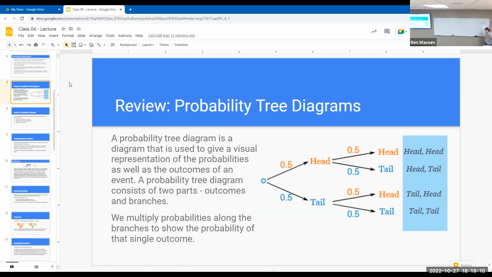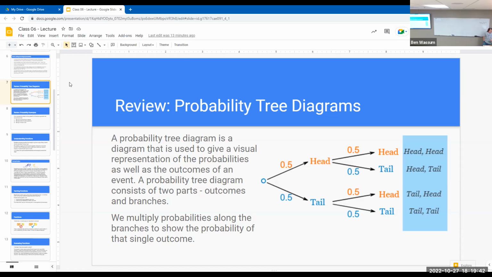So of course, the probability tree diagram just gives you a visual representation of all your probabilities. You always start from one point and you branch out into the possibilities of what you're doing right now. So if I was rolling a die, from that one spot on the left, it would branch out 6 times to 1 through 6, right?